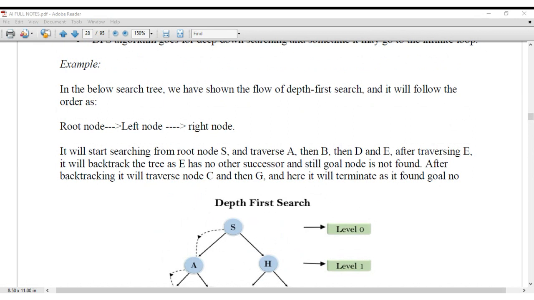But this one picks one and goes all the way to the depth, to the depth, until the final deepest node is measured. Then if the final deepest node at that level does not have an optimal solution, it goes to the next breadth. All right, so that's how depth first works.